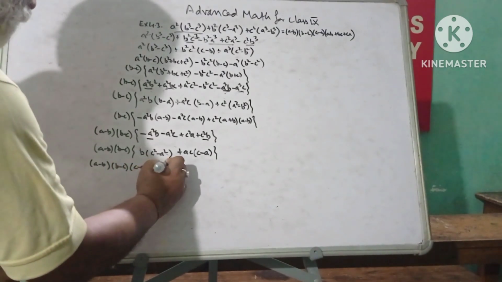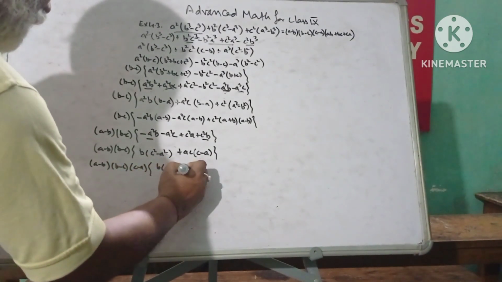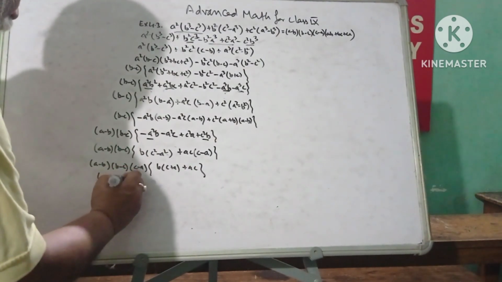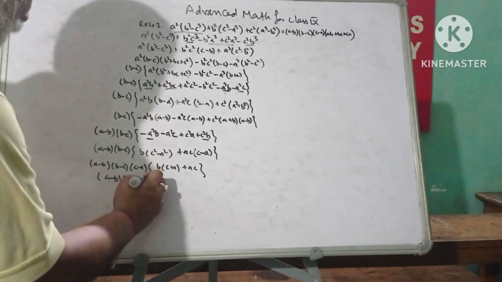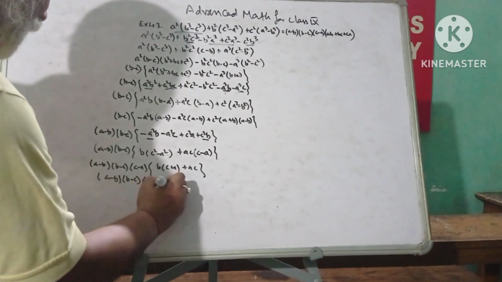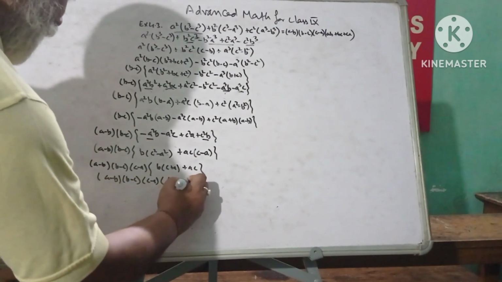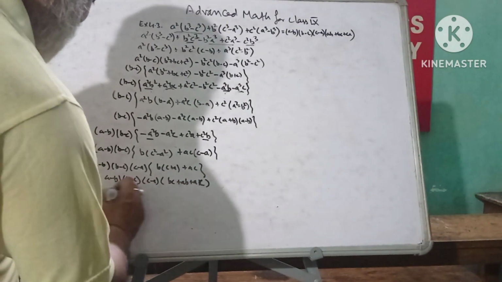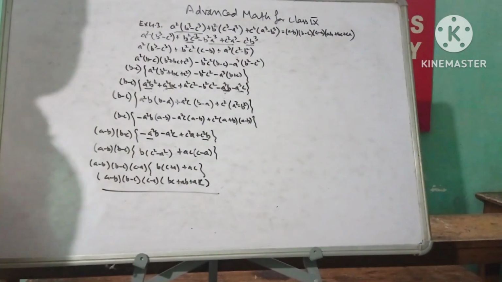We are going to get b, c plus a, and then ac. So here you see a minus b, b minus c, c minus a, and this is bc plus ab plus ac. So this is your answer.